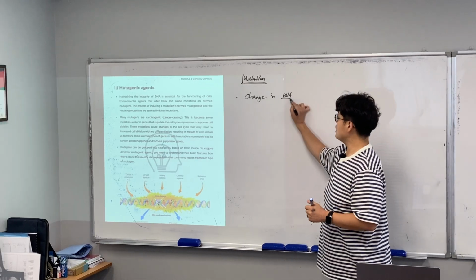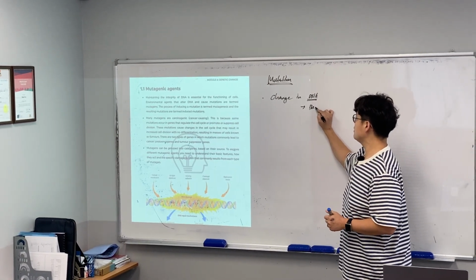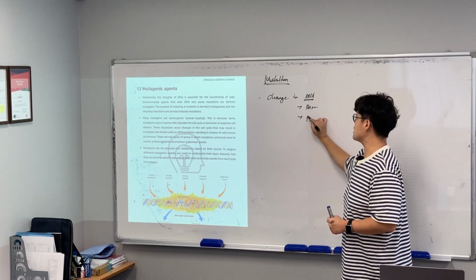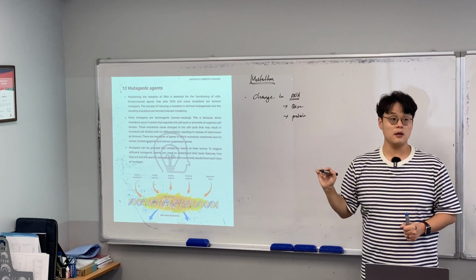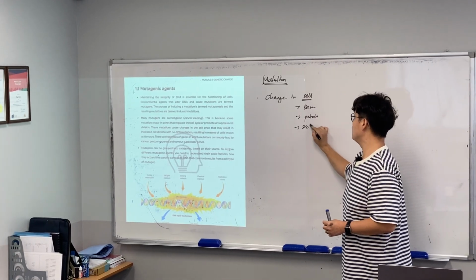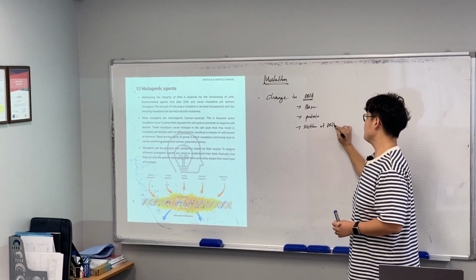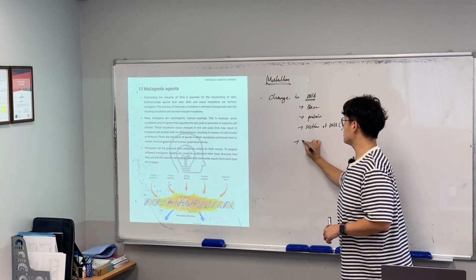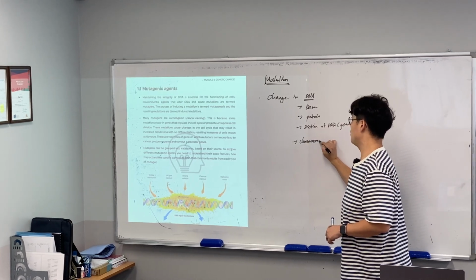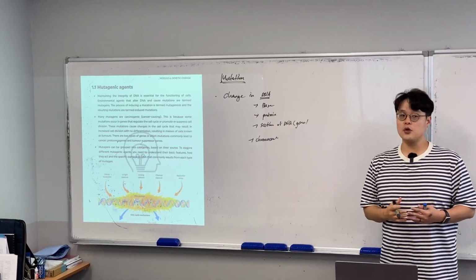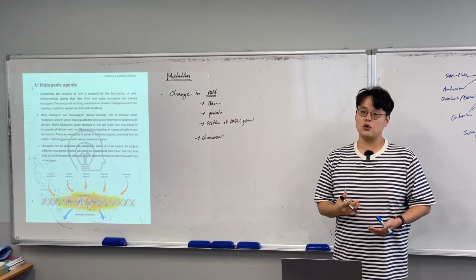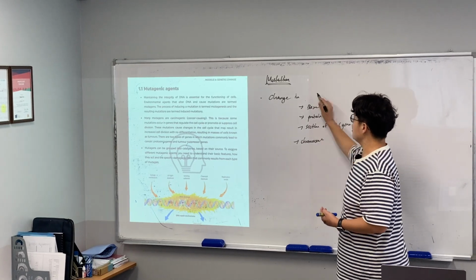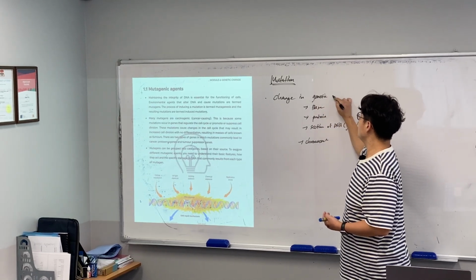What I mean is, inside DNA, it could be the nitrogen bases changing. Then possibly a change in some proteins in the DNA. They could possibly change a whole section of the DNA, which is known as a gene, or there could be a change in the chromosome as well. So when we say mutation, it means a change in your genetic material. I would say genetic rather than DNA, a change in your genetic material.